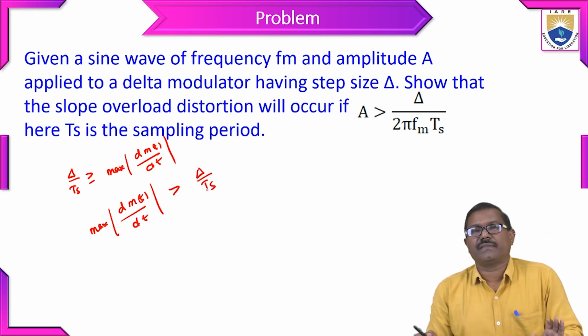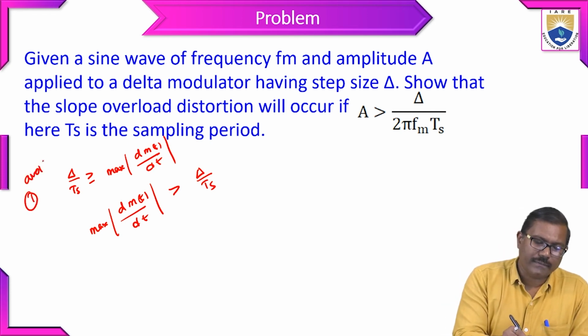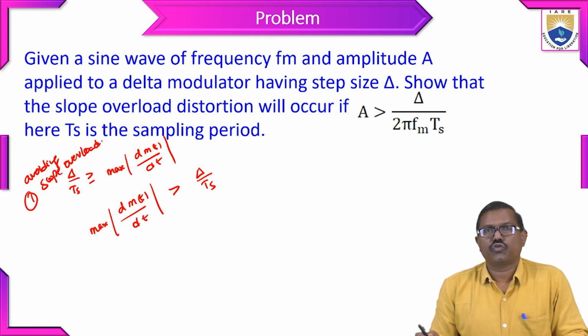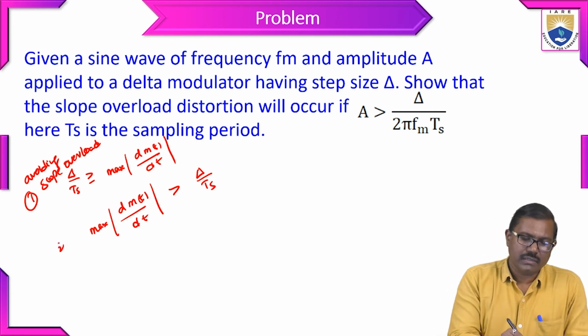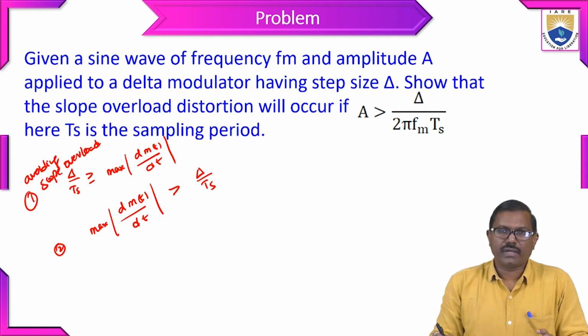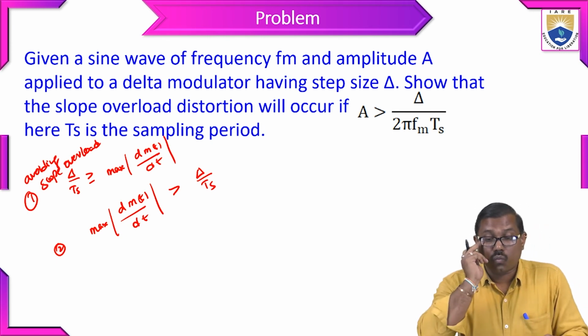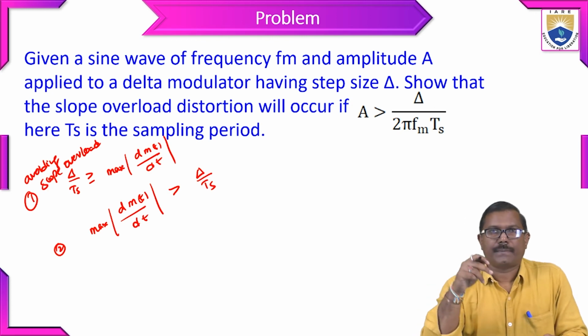That is the reverse condition. The first one is for avoiding slope overload distortion. The second one is when the slope overload arises. Here we are going to show A is greater than delta by 2 pi FM Ts.